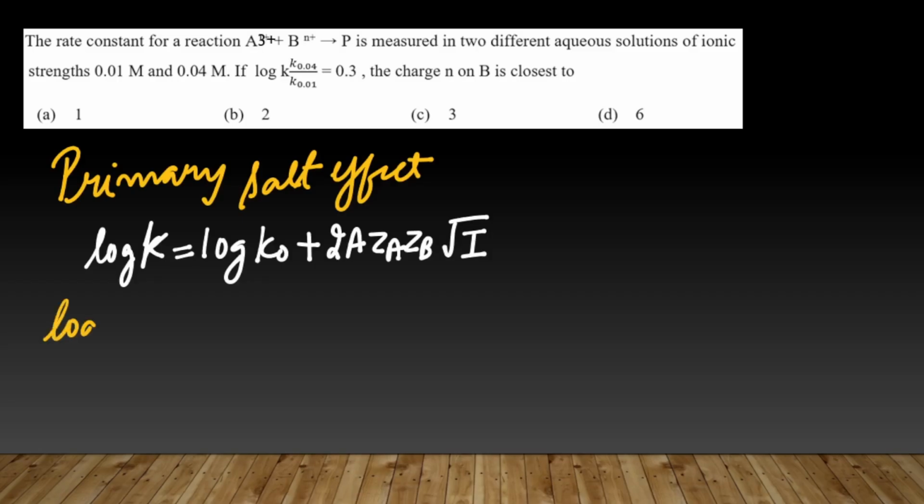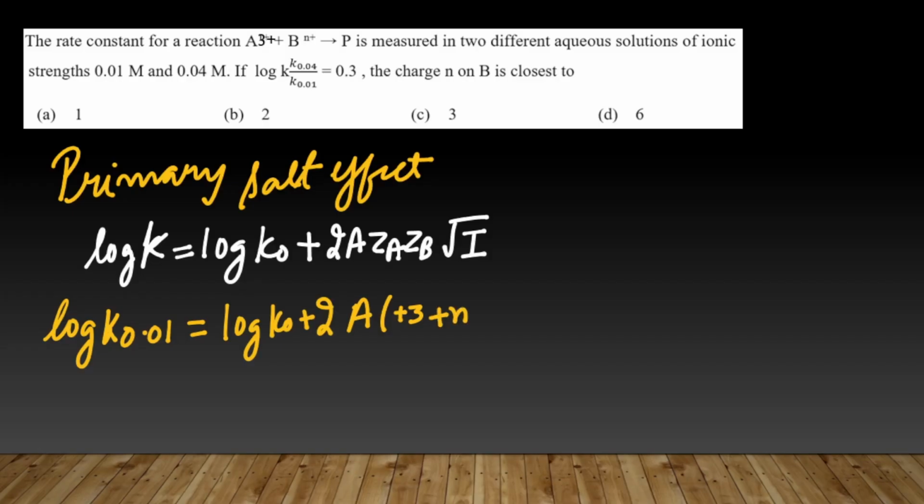So it is log of K at 0.01. This will be equal to log of K naught plus 2A into ZA, which is plus 3 charge present upon A, and N plus, which is the charge on the B component that we are having, into the root of ionic strength, which is 0.01.